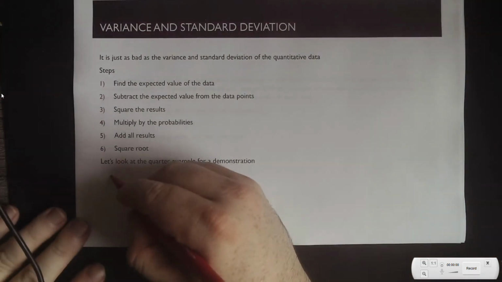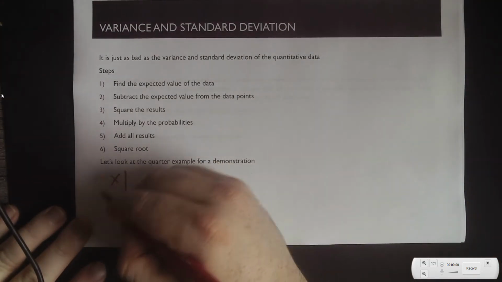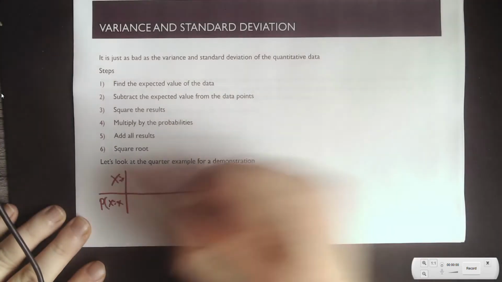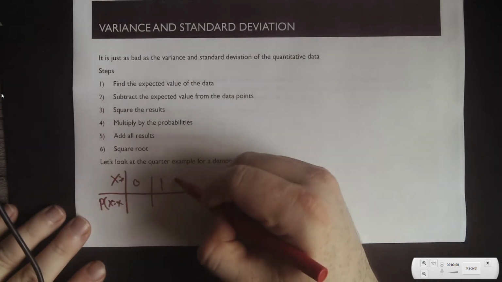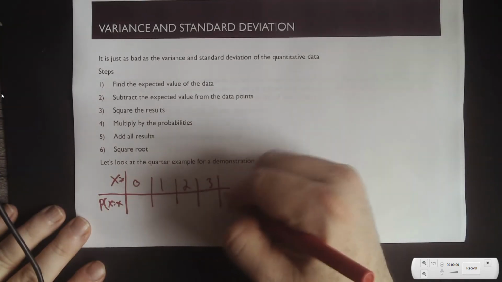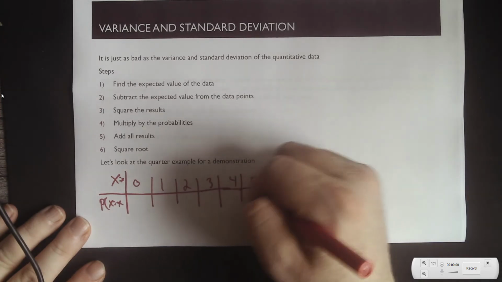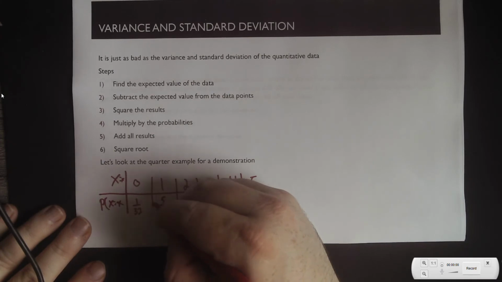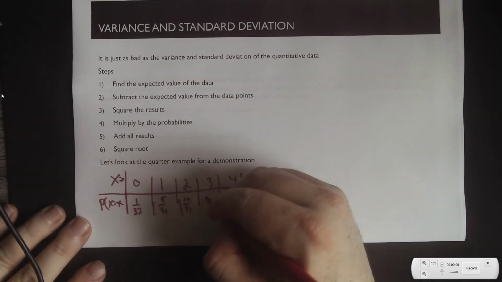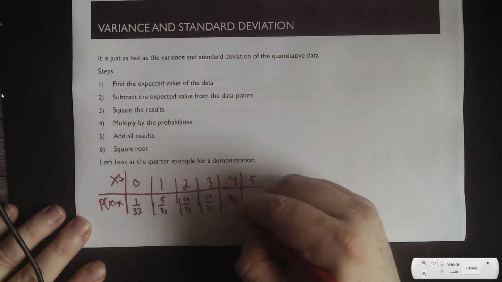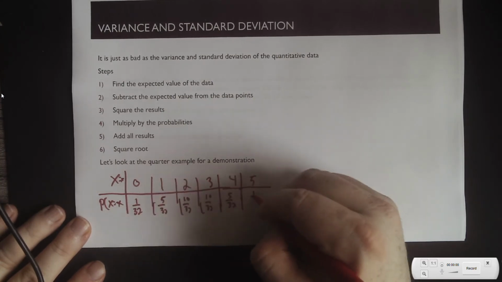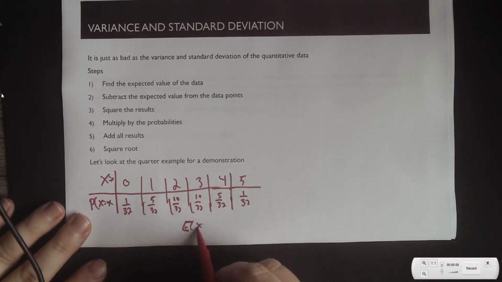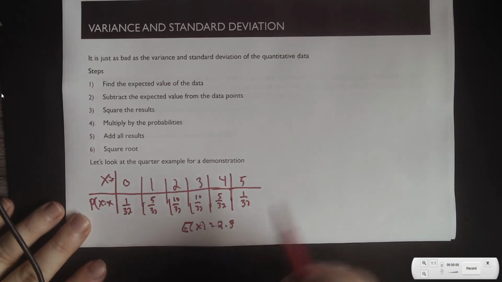So if you recall, we had 0, 1, 2, 3, 4, and 5, with probabilities 1 out of 32, 5 out of 32, 10 out of 32, 10 out of 32, 5 out of 32, 1 out of 32. And remember that the expected value was 2.5.